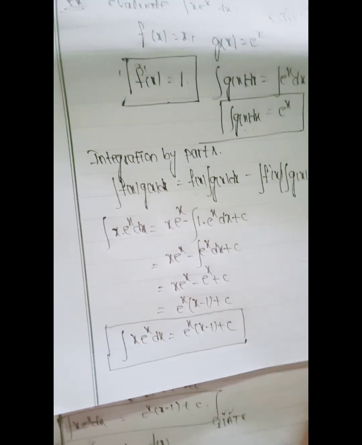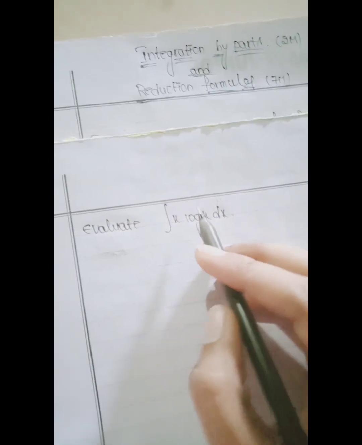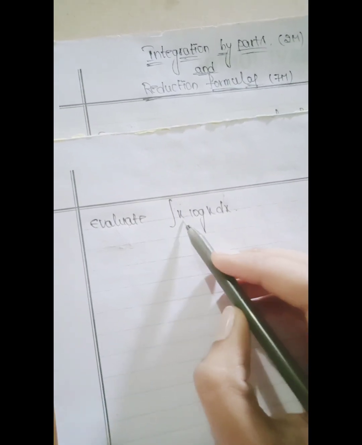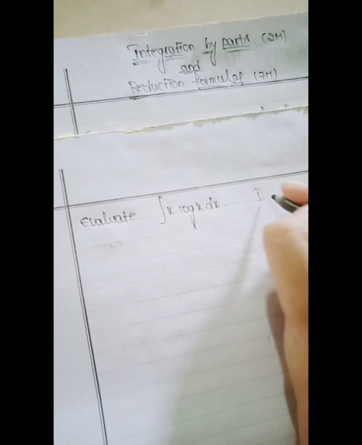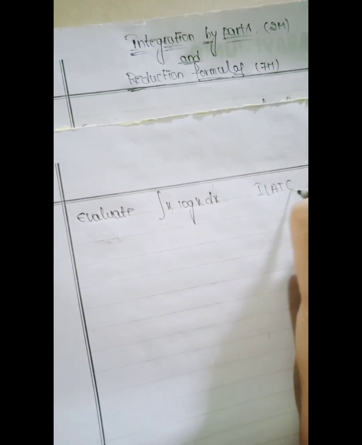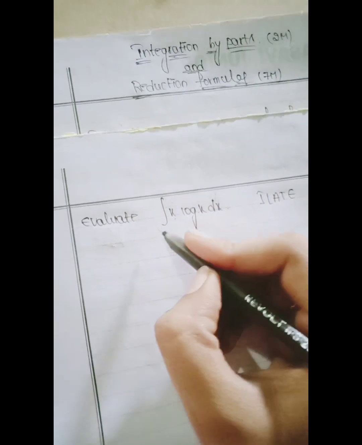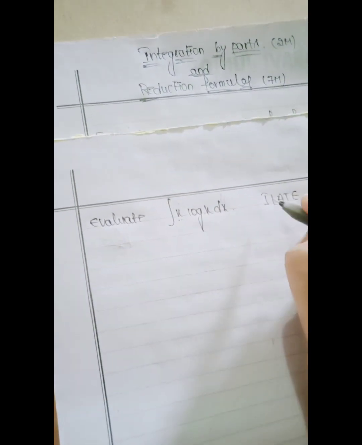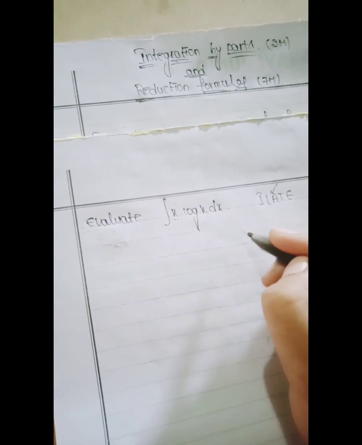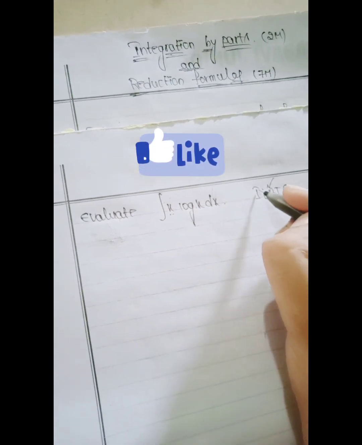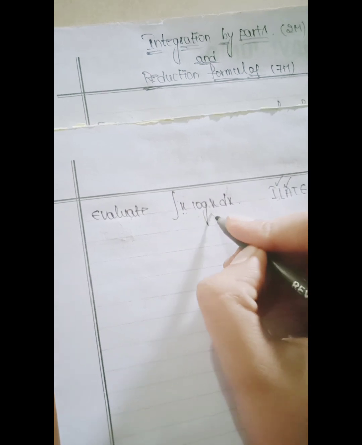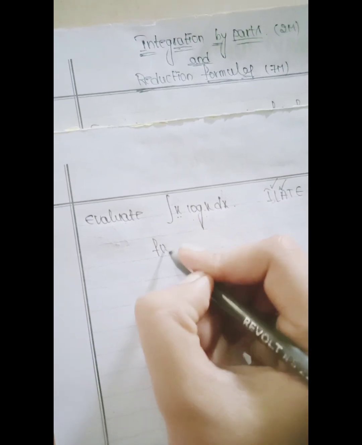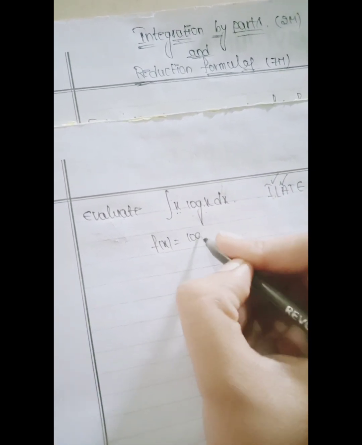Similarly, you have to try this one: integral x into log x dx, using integration by parts, the ILATE rule. Here x is an arithmetic function and log x is a logarithmic function. Which comes first? Logarithmic function, log x. So f of x is equal to log x and g of x is equal to x.